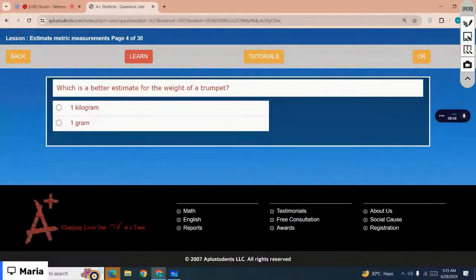Which is the correct option? The correct option is 1 kilogram.